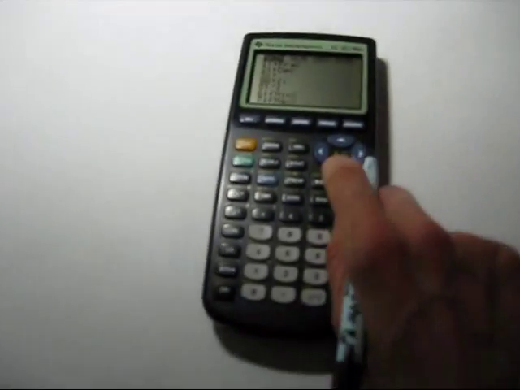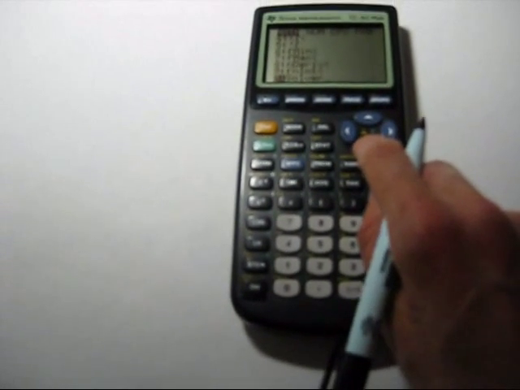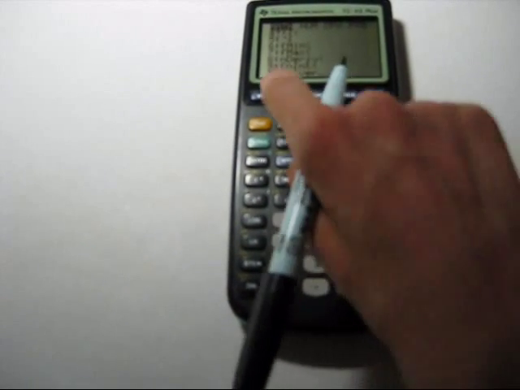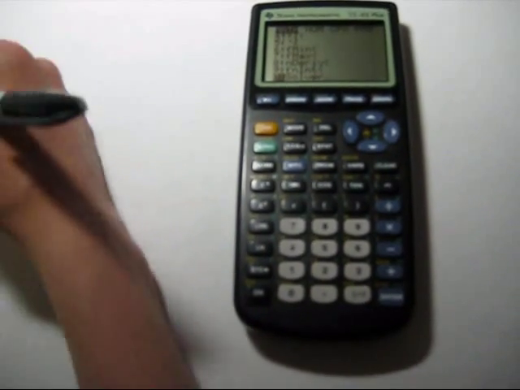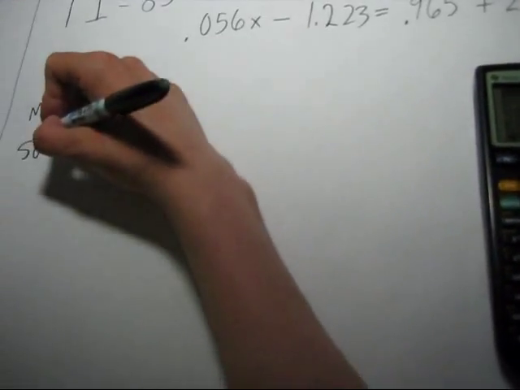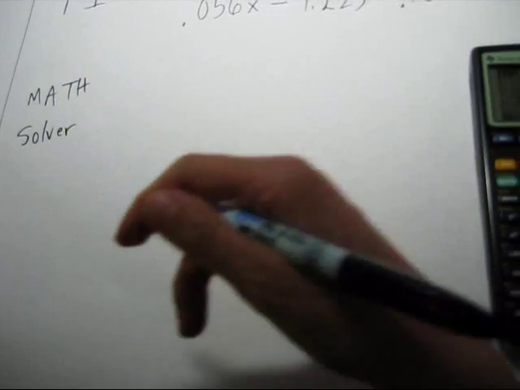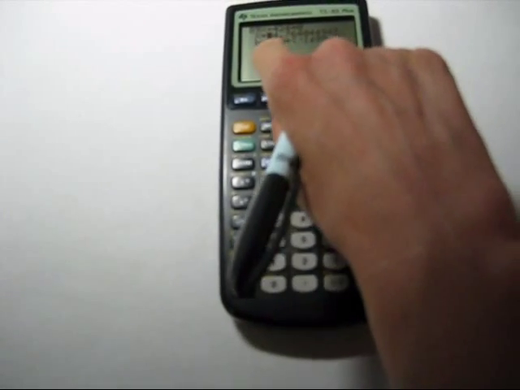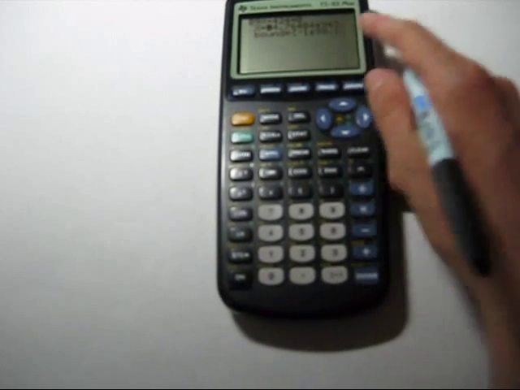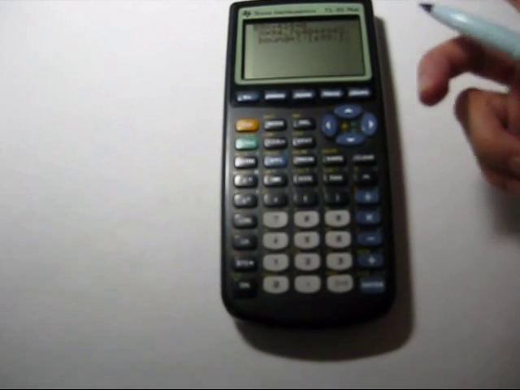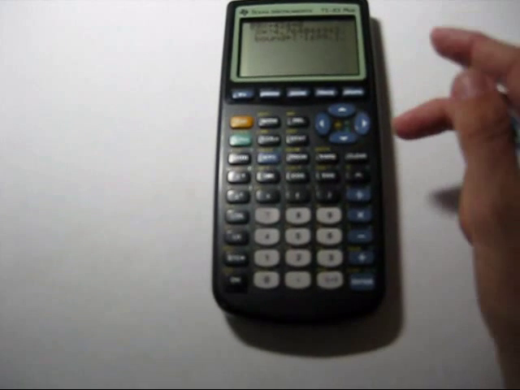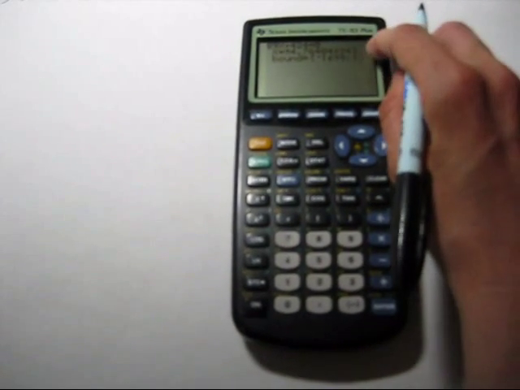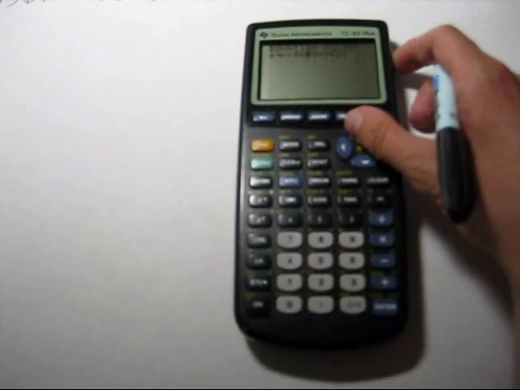Okay, arrow down to the number 0. It's at the very last one, which is your solver, is what it says. Hit enter. The middle line says x equals, and that'll probably be the solution you just did on your last equation, and it's kind of a guess for your calculator.